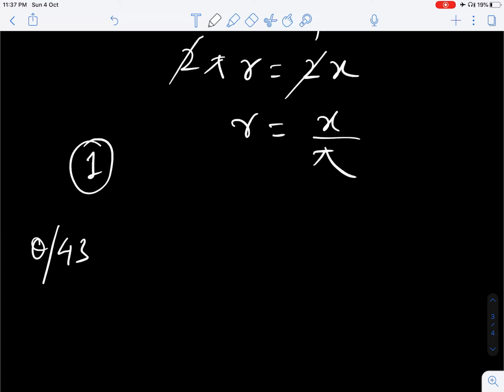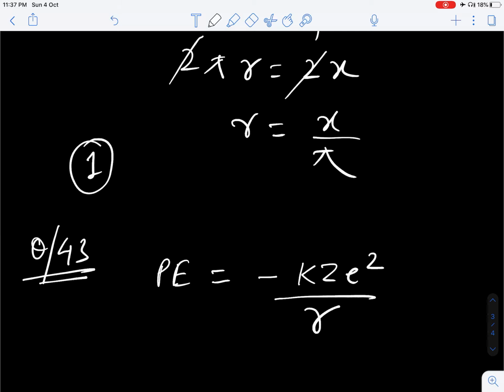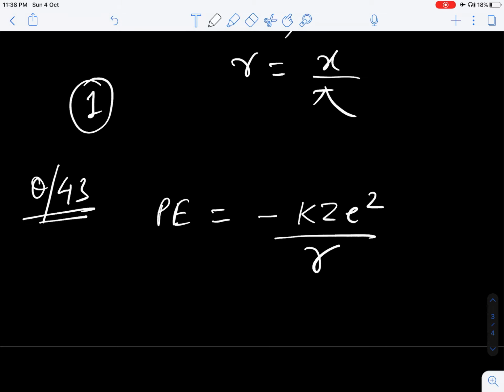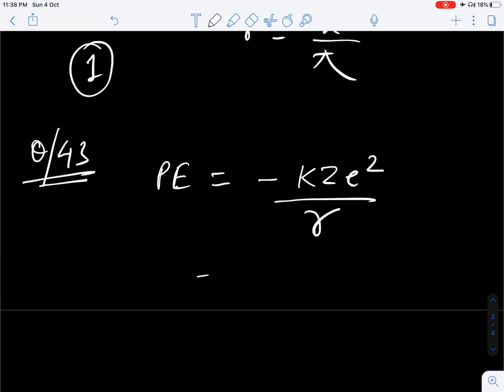Question number 43. The potential energy of the electron present in the ground state of lithium 2 plus is represented by. First of all we will write the potential energy formula. Potential energy is equal to minus kZe square divided by r. Potential energy is inversely proportional to distance. The value of k is 1 by 4 pi epsilon naught.